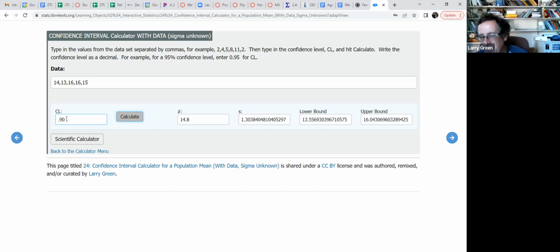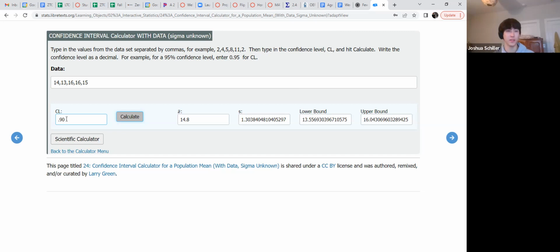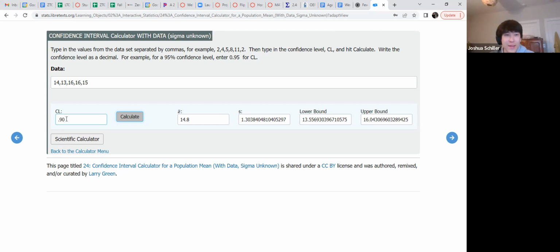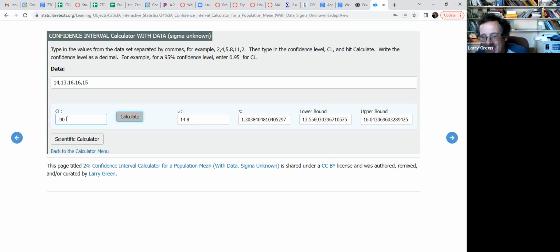I wouldn't trust someone who says they're only 10% confident about something. Exactly. You haven't learned anything, because there's a 90% chance I'm wrong.